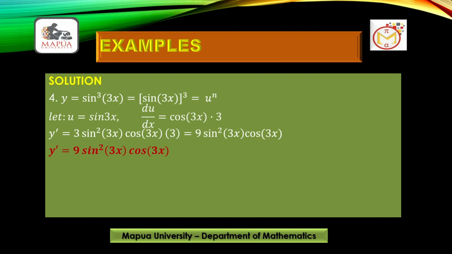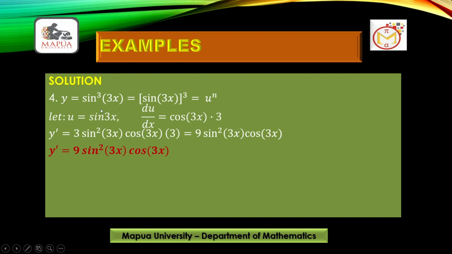For number 4 example, y equal to sine cubed of 3x. This is by means of power rule, where sine cubed of 3x can also be expressed as sine 3x raised to 3. So this is an example of power derivative, wherein our u is sine 3x. Since we need to multiply by the du, even if it is by means of power rule, we first look for the derivative of sine 3x.